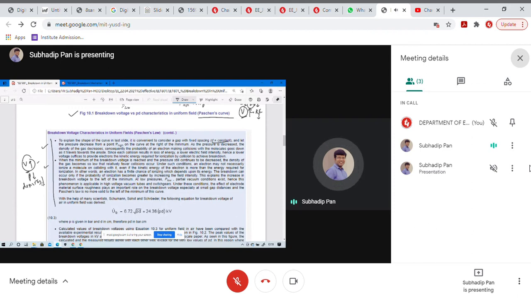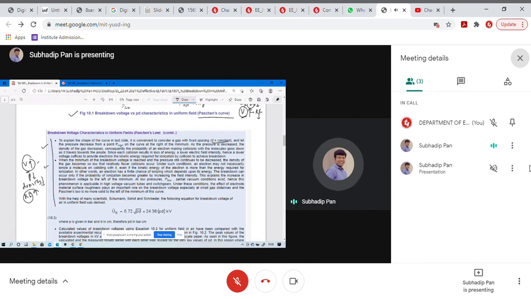Under such conditions, an electron may not necessarily ionize a molecule it collides with, even if the kinetic energy of the electron is more than the energy required. So due to this event, more kinetic energy is required to do the action.